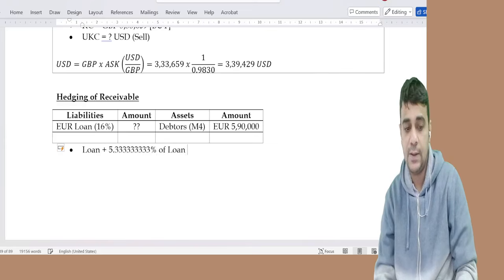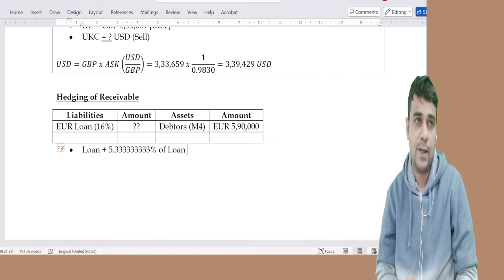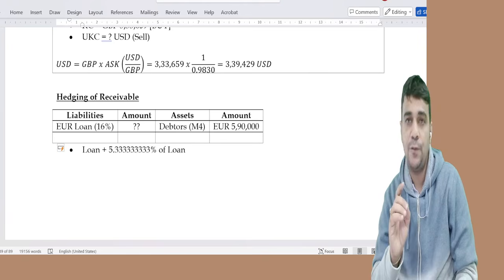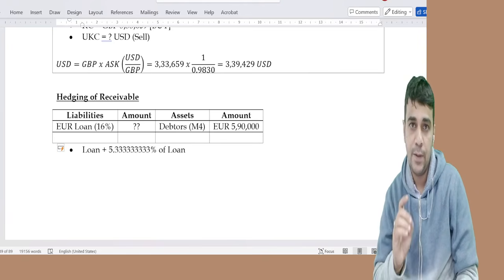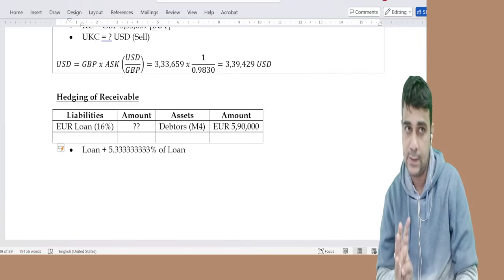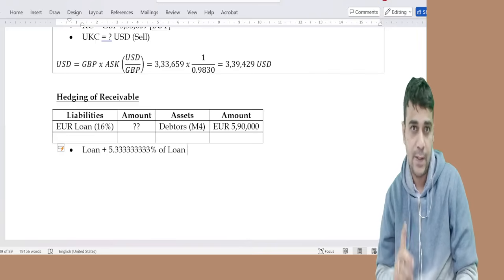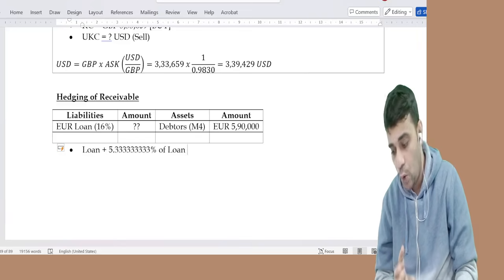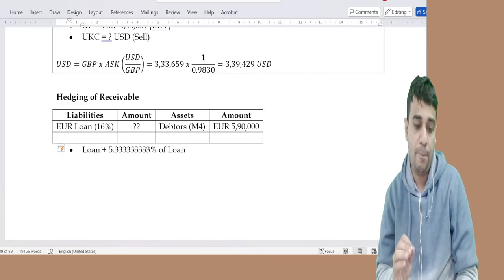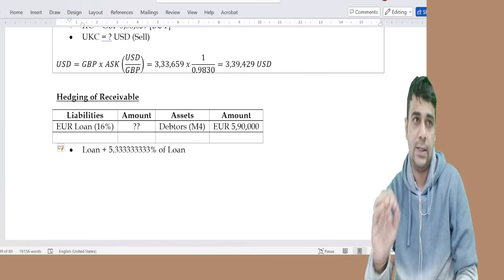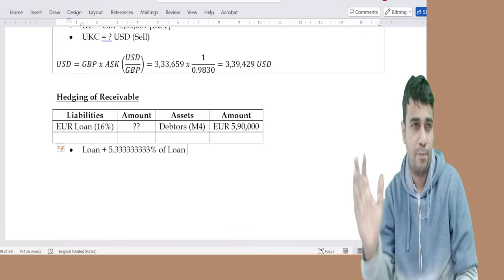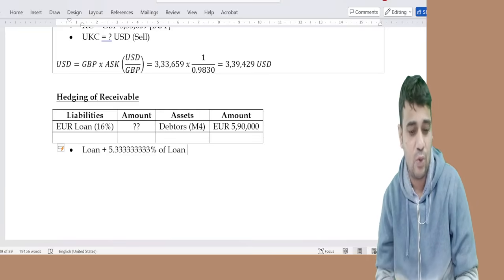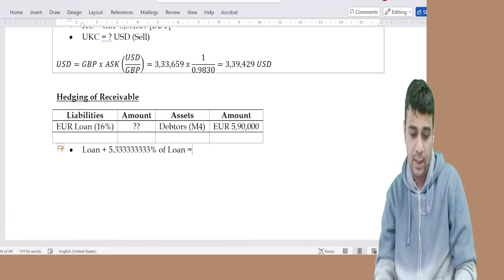Why 5.33%? 16% is for a year, so 16 into 4 by 12. It is 4 months; earlier it was 3 months. 16 into 4 by 12 gives 5.333333 percent. I've written more 3s just to ensure that rounding gaps do not come.